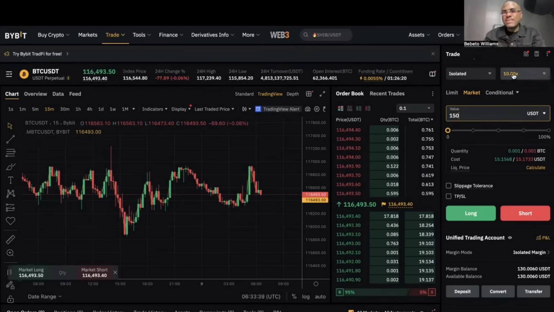I plan on risking $15, but times 10x, which is 150. The cost of this trade is just $15. So if the market goes against me, I should be risking just $15 on this trade. So that is a very good thing.